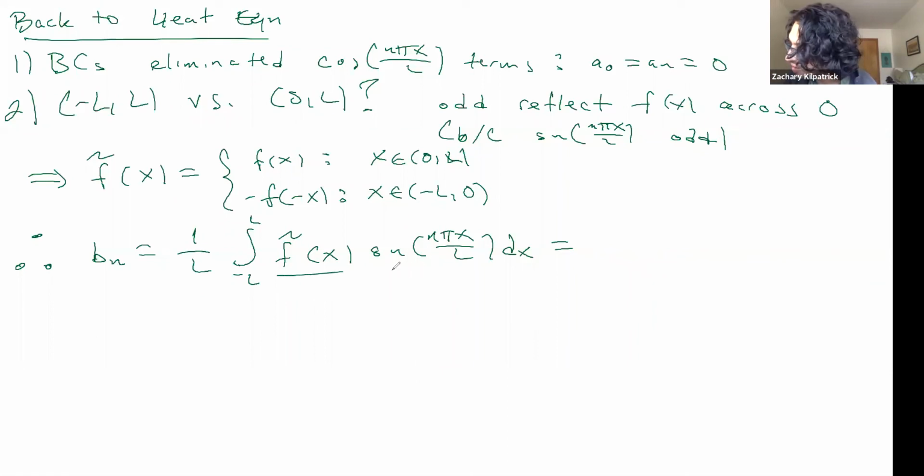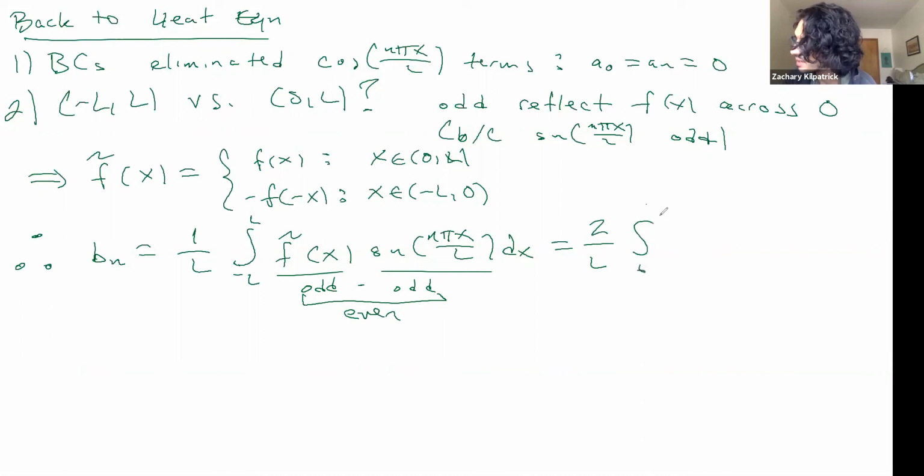Now because this is odd and this is odd, the whole thing is going to be even, right? And I can just write the integral as from 0 to L f of x sine of n pi x over L dx, right? So I get this extra factor of 2 up here because I essentially take the reflection of the even function in there, okay?